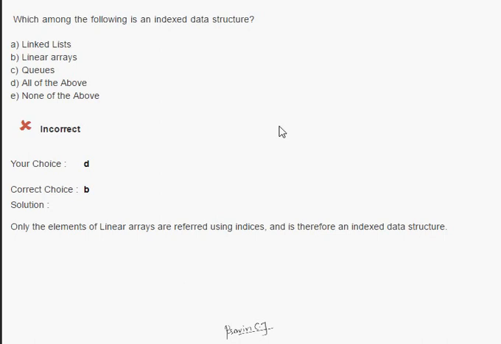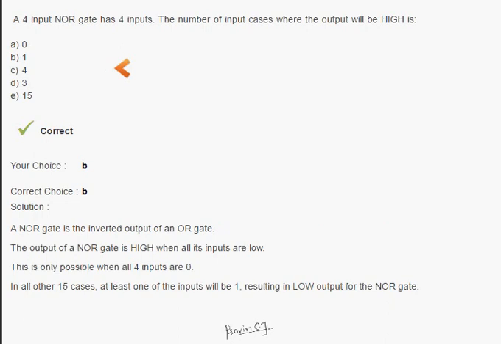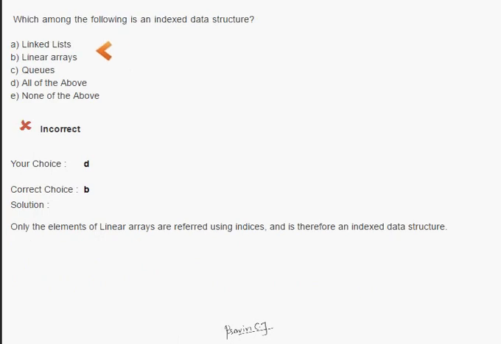The linked list is not an indexed data structure, because we have a node with data and a pointer to the next element's address. Linked list is not the answer.